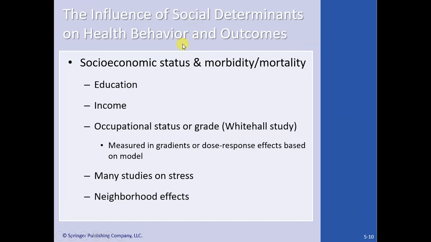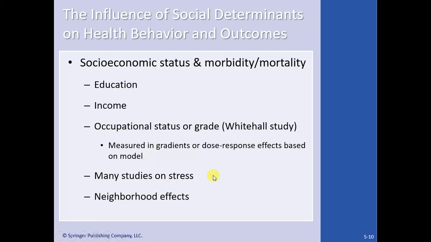So the influence of social determinants on health behaviors and outcomes is significant. Your textbook goes through research, early research as a matter of fact, which showed that with gradients in societal class, there was actually an increase in health status.